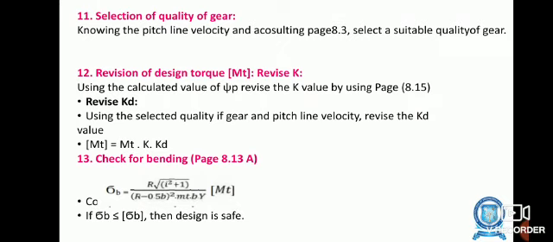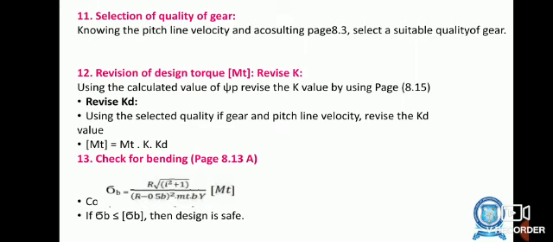Step 12, revision of design torque. Using the calculated value of psi p, revise the K value by using the formula on page 8.15. The revised design torque should then be calculated. Step 13, check for bending.